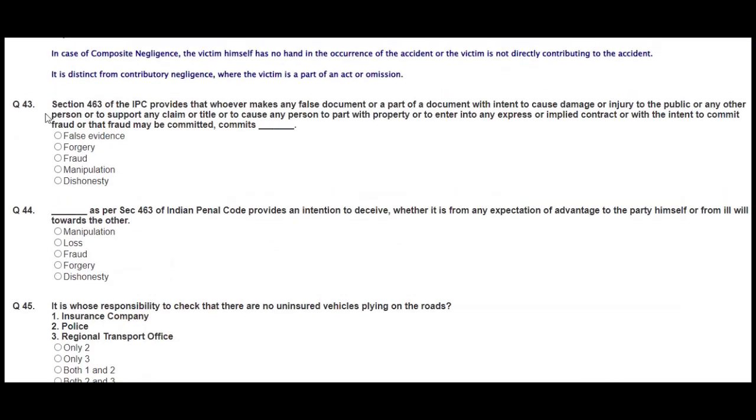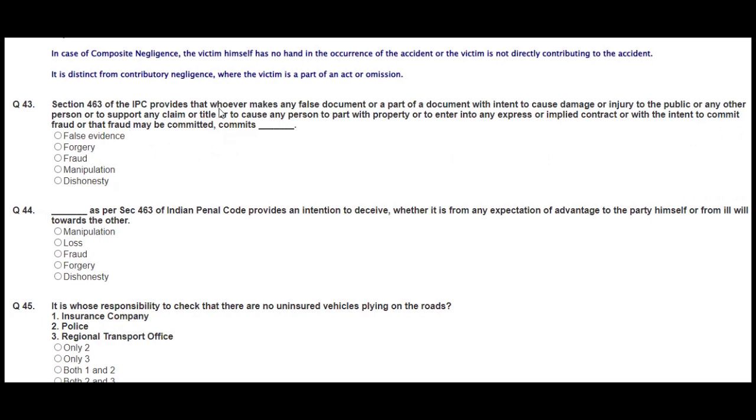Section 463 of the IPC provides that whoever makes any false document with intent to commit fraud, or to cause damage to the public or any other person, to support any claim or title, or to cause any person to part with property, or to enter into any express or implied contract, with the intent to commit fraud, or that fraud may be committed.